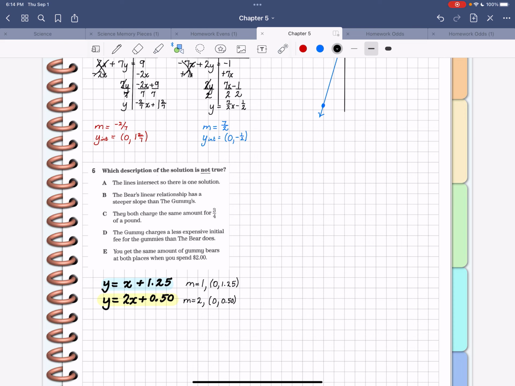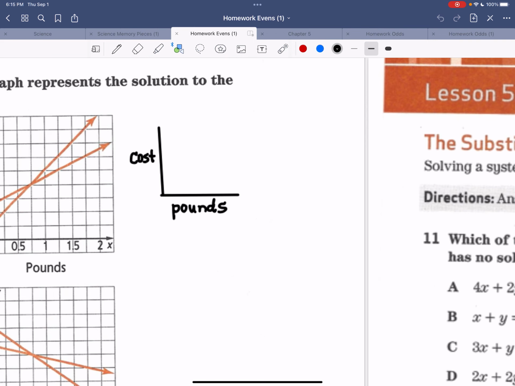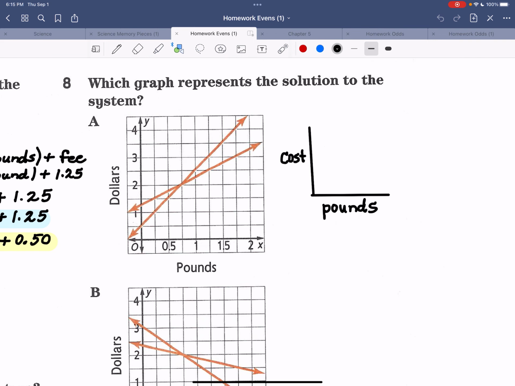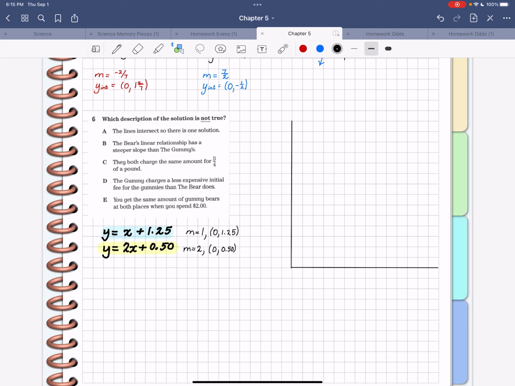So let's draw the grid. I am just using the first quadrant, but you can draw the whole plane if you want to. And remember what this looked like: cost in dollars over pounds.